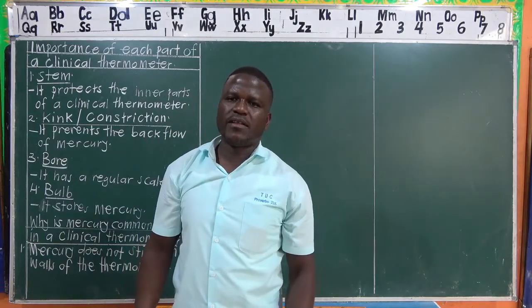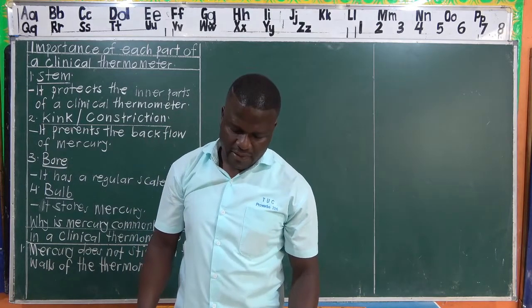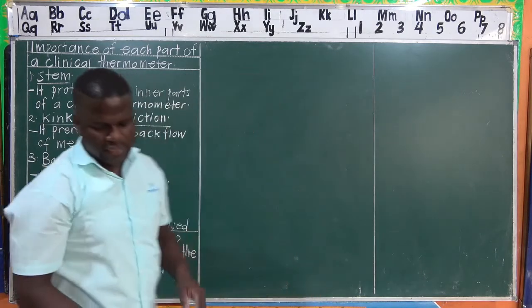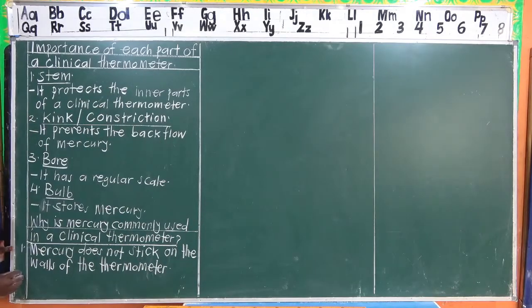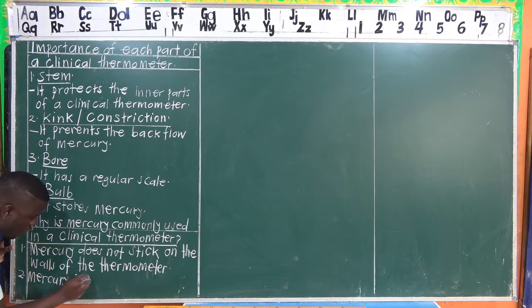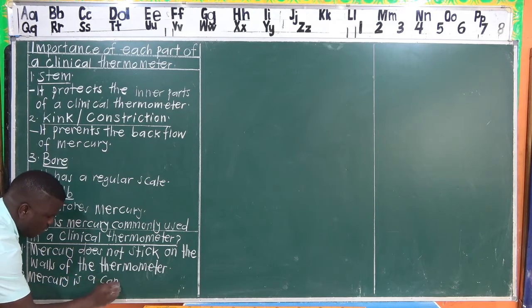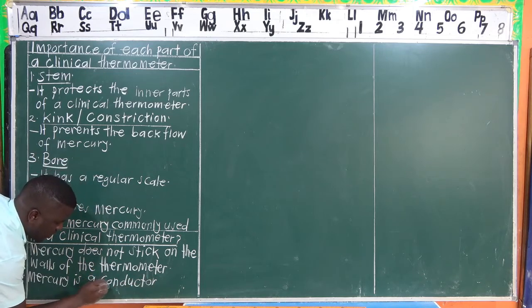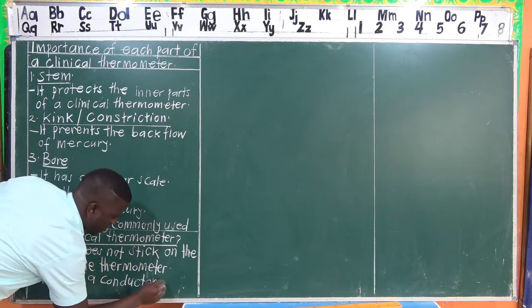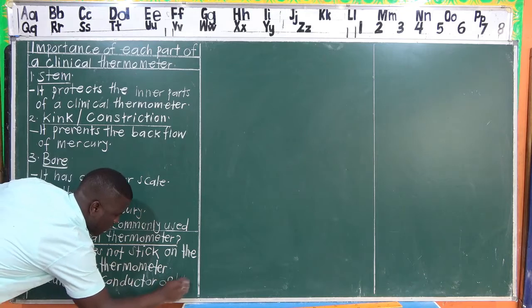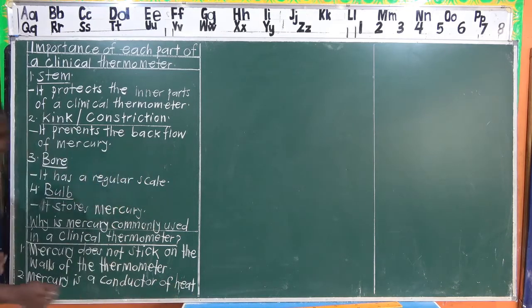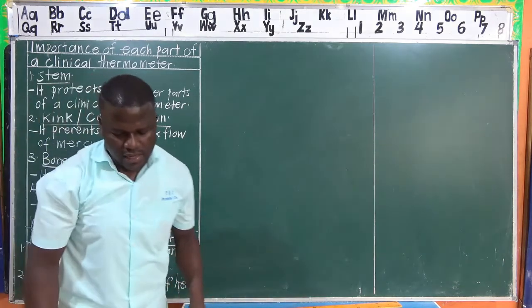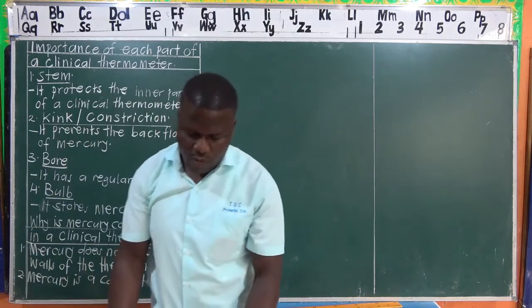Then number two, another reason why mercury is commonly used is that mercury is a good conductor of heat. That's why it is commonly used.